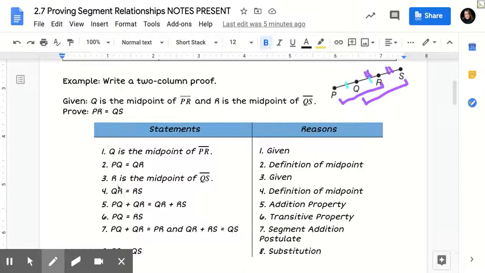They tell us also, given, that R is the midpoint of line segment QS. So again, by definition of midpoint, we can say that the length of QR is equal to the length of RS.